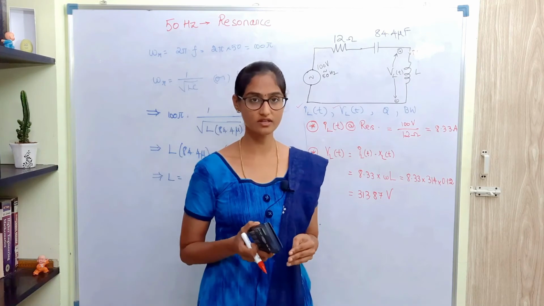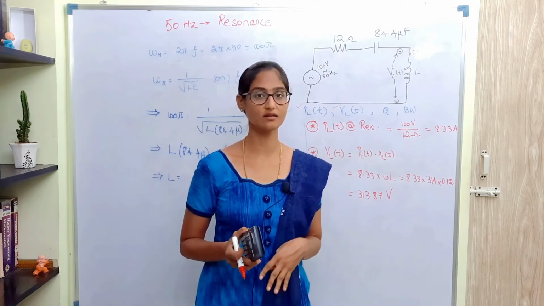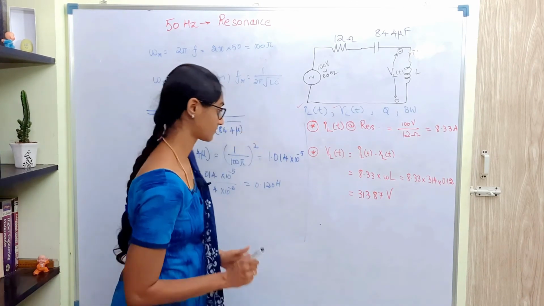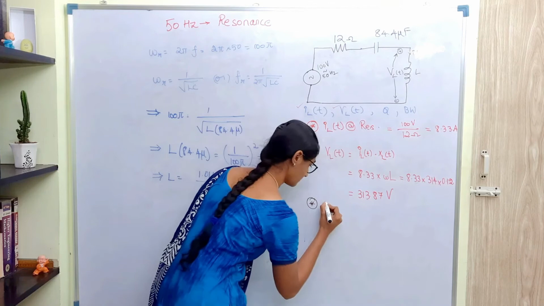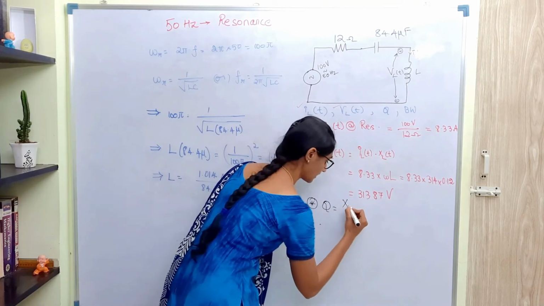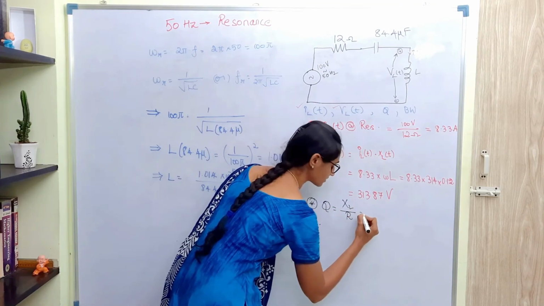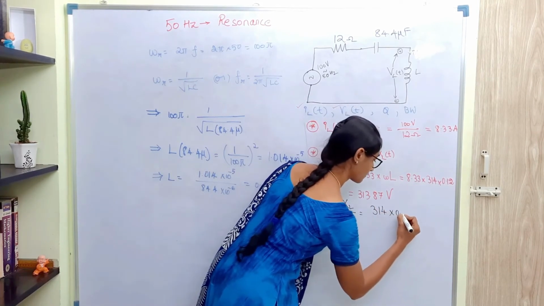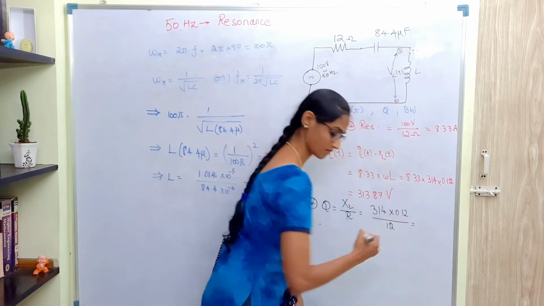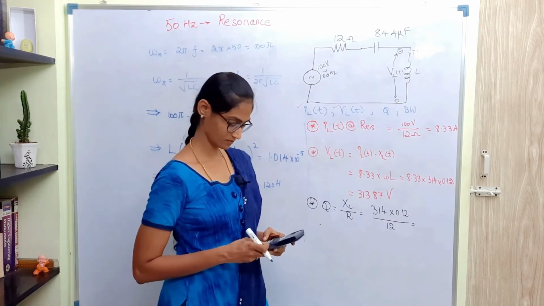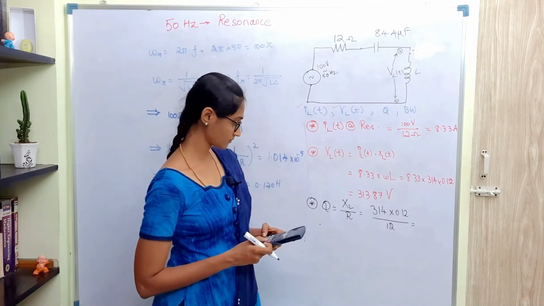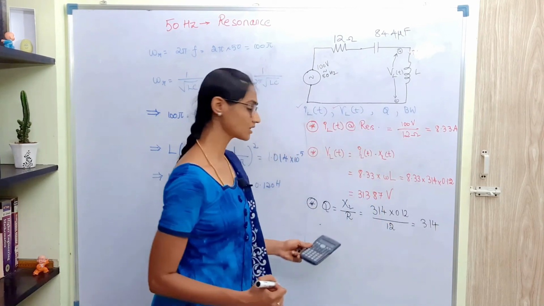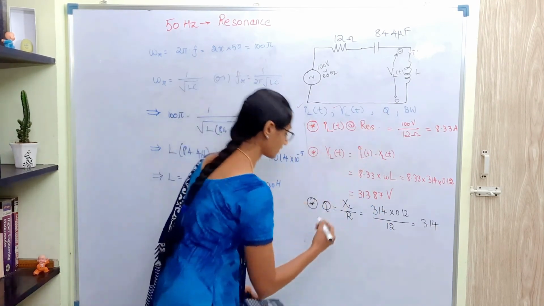Q factor or the quality factor is reactance divided by the resistance. So this is the quality factor of the circuit, and then we need to find out bandwidth.